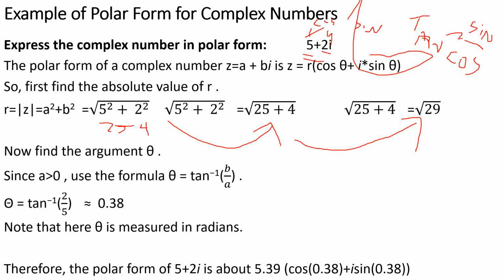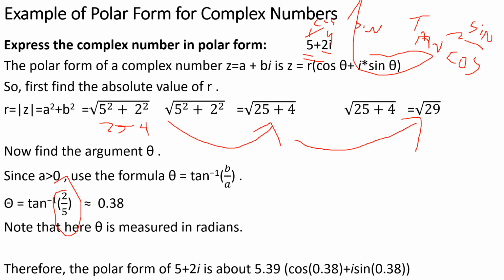And our cosine is 5. So all I've done here is tangent equals 2/5. And if I do the inverse function of that, it's 0.38. Now, what you've got to be careful of is that when we do this, theta, the angle, is actually measured in radians.